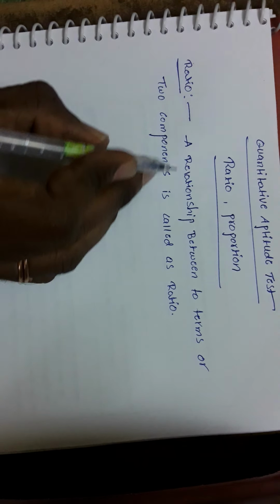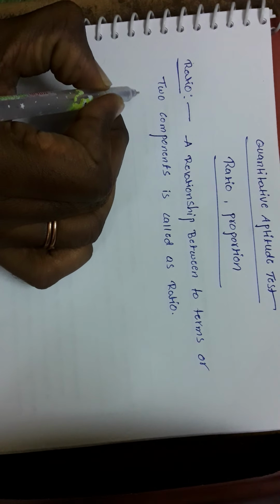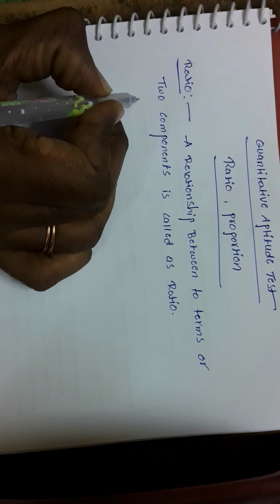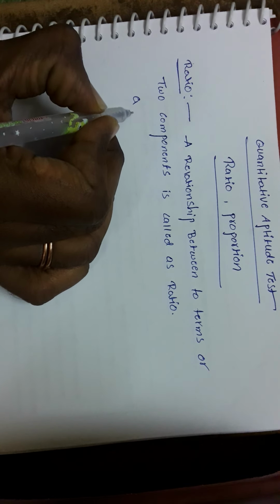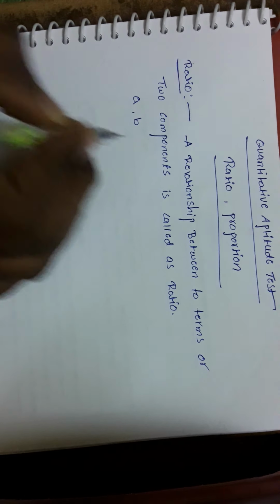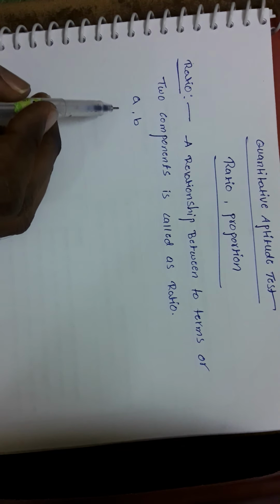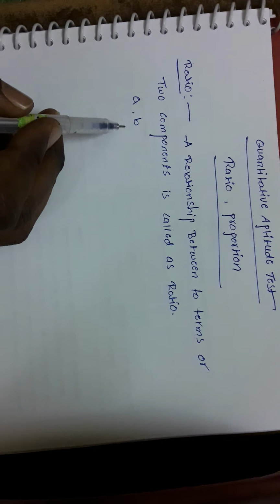Generally that can be represented like this. For example, A comma B, both are individually two terms.